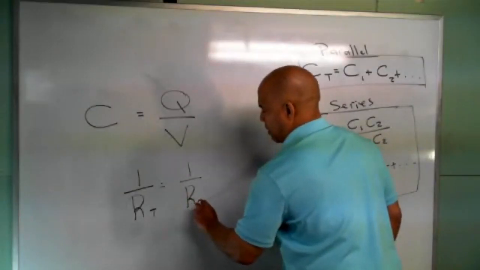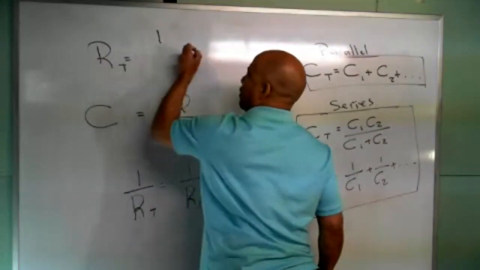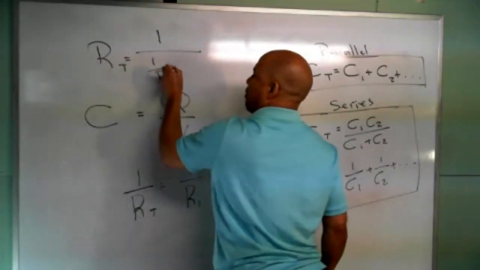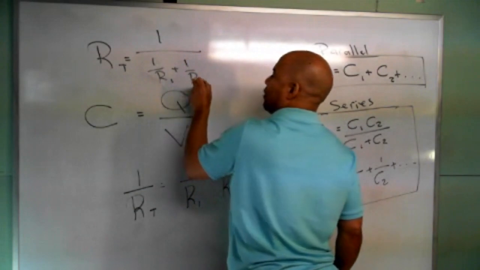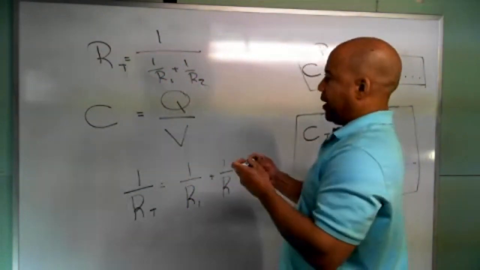Instead of saying 1 over RT equals 1 over R1 plus whatever, why not just take out the 1 over RT and say RT equals 1 over 1 over R1 plus 1 over R2? Isn't that the actual formula? It is the actual formula.